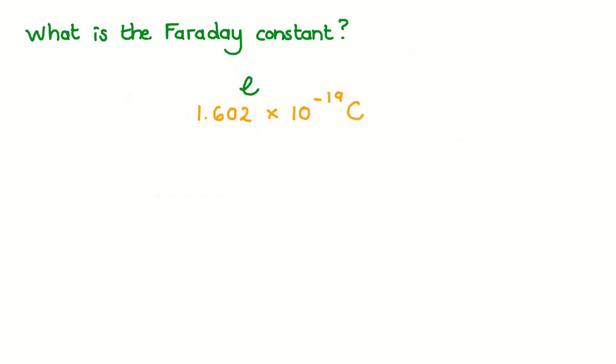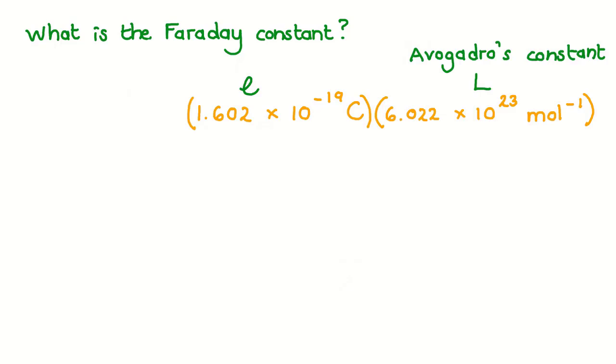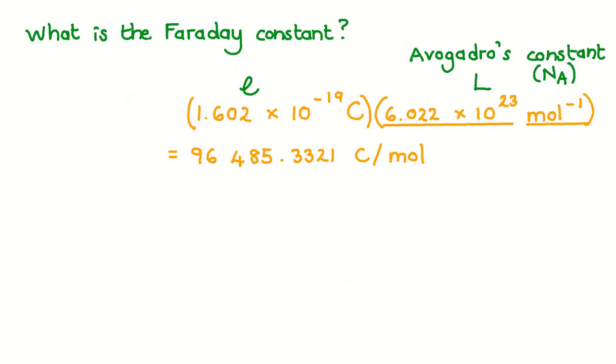However, in chemistry it is more convenient to talk about the number of moles of charge transferred. If we take the elementary charge, which is the magnitude only of an electron charge, and multiply it by Avogadro's constant, symbol L, sometimes written as symbol capital N subscript A, which is 6.022 times 10 to the 23 entities in 1 mole or per mole, and if we include all the decimals, which I have not shown here, we get a value of 96485.3321 coulombs per mole, which we can round off to 96500 coulombs per mole.